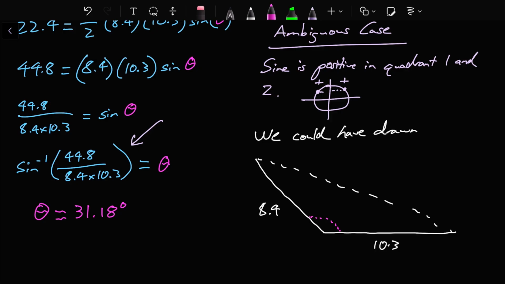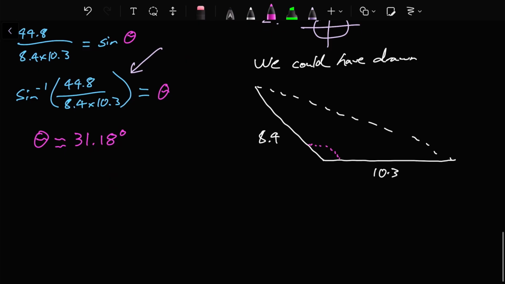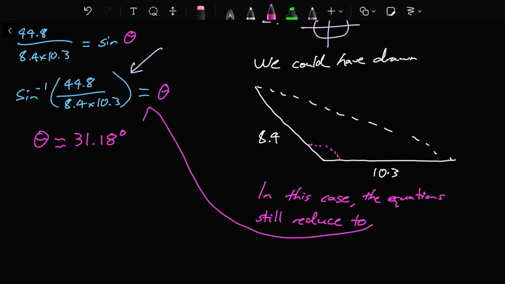But that's okay, because we can just say, in this case, okay, the equations still reduce to this, okay? But we just recognize that theta is in quadrant 2, right?